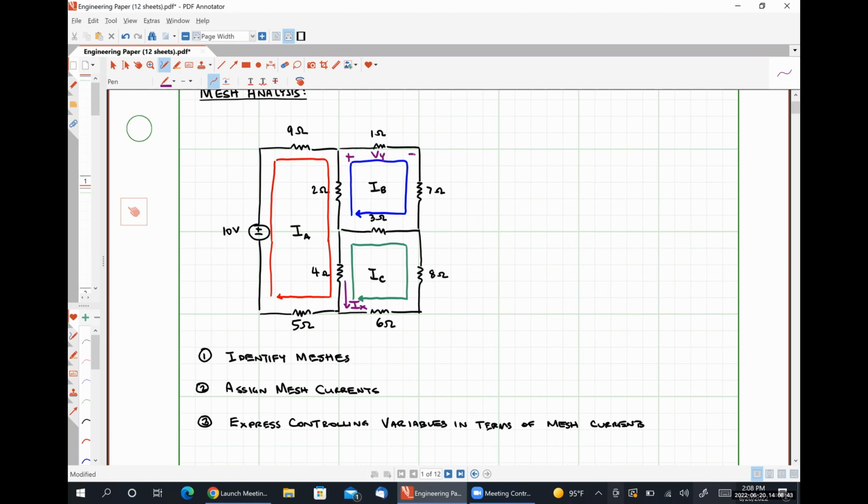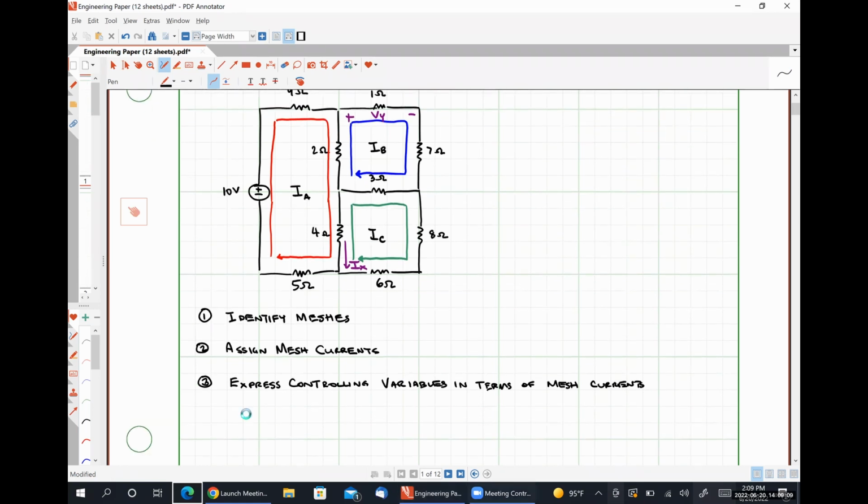Okay. How could we express the current IX in terms of our mesh currents? Well, as our red mesh current IA flows around its clockwise path, when it's flowing through the 4 ohm resistor, it's in the same direction as IX, so it's going to get a positive sign.